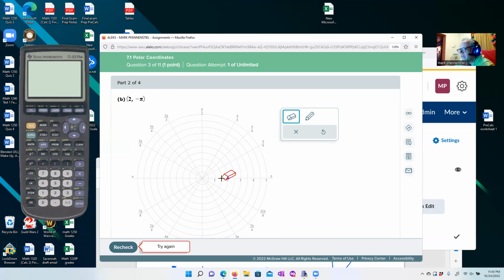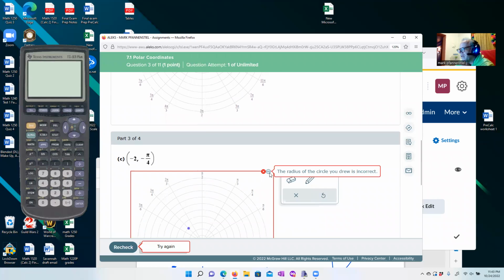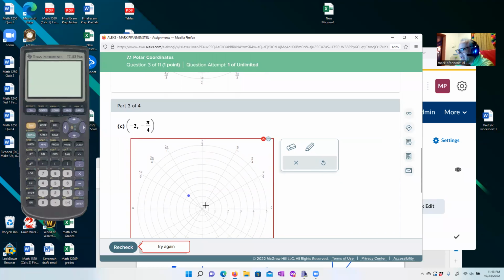Okay, so clearly it's going to take a little bit of practice to kind of get this thing. Double check. Wow, I really missed a lot of these. The radius, again, they didn't like the radius. Okay, is it on 2? Okay. No, it was not on 2. It should have been up here. Okay, let's get rid of that one.